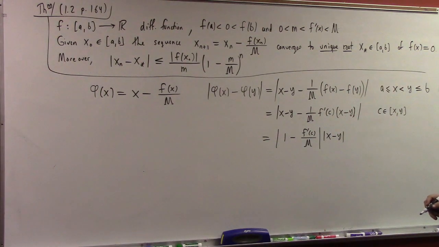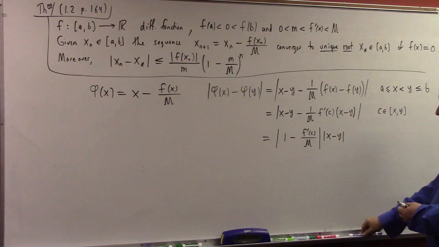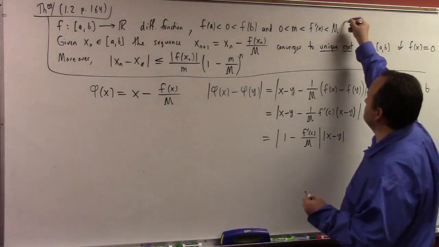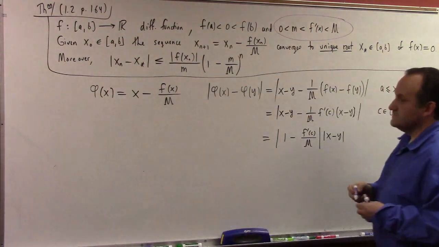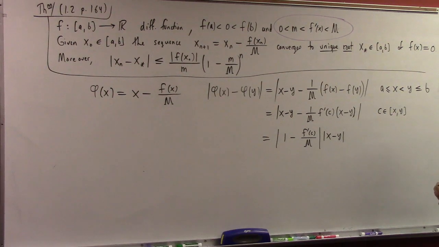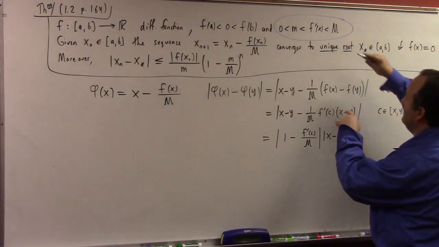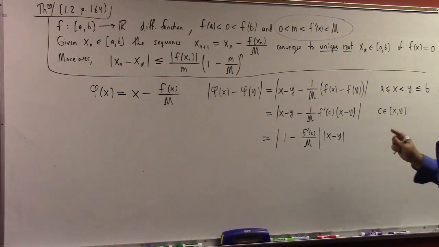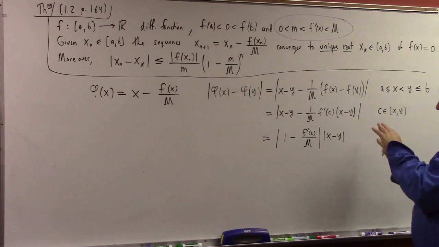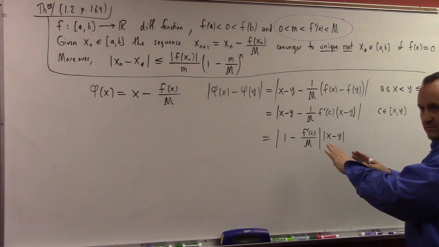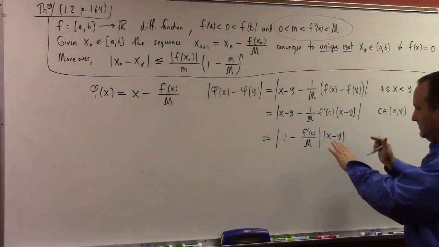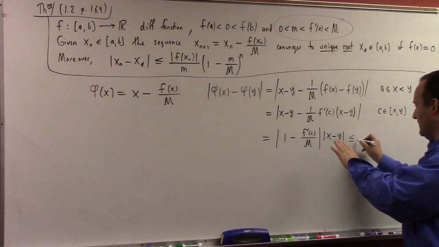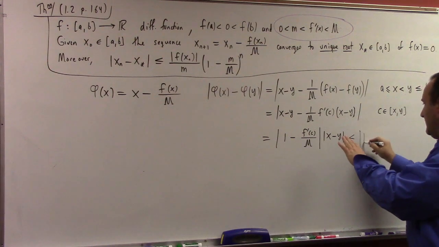But notice the condition that was made on the derivative. My f prime of c is somewhere in there, right? So how can I replace this with a constant? This is less than or equal to 1 minus what?